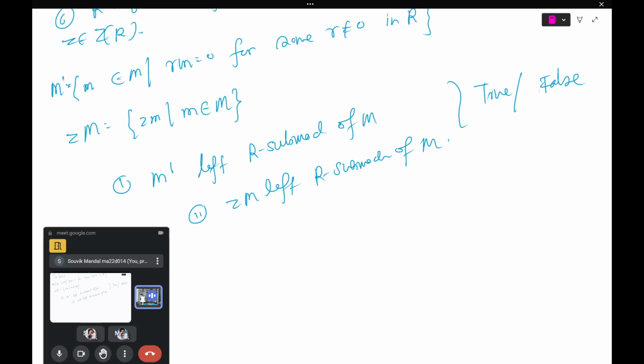So what you need to check is, what are the conditions of some subset being a submodule?